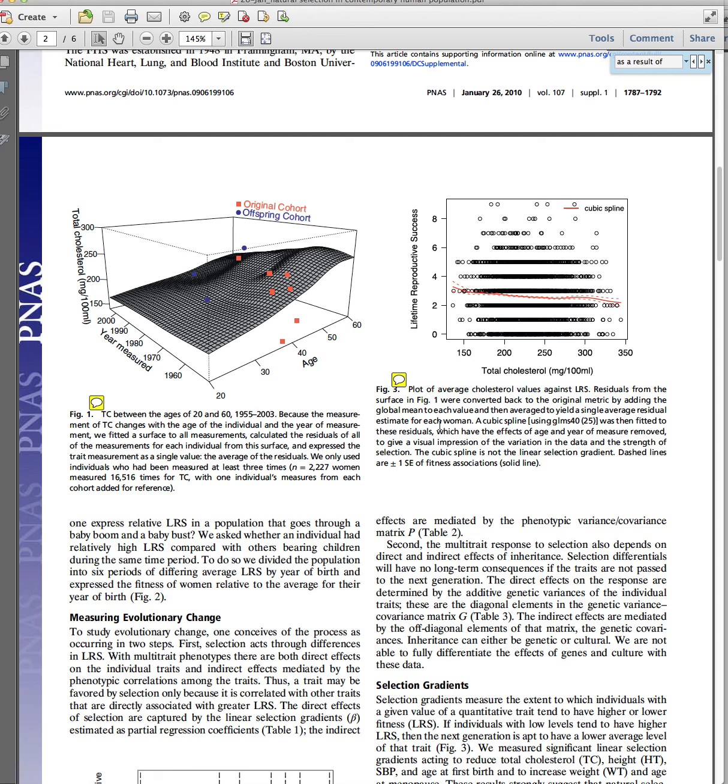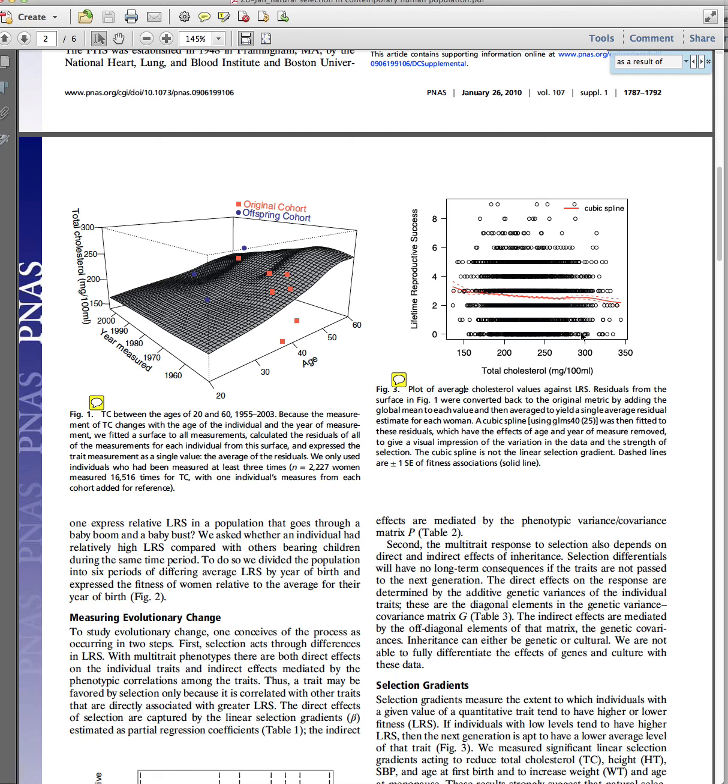And the way they did this is they added the mean value, the mean total cholesterol value, to each residual for each individual, right? So we're going back here to our residuals and we're adding the mean now, and then they're going to average across all the samples to get a single total cholesterol value for each woman.